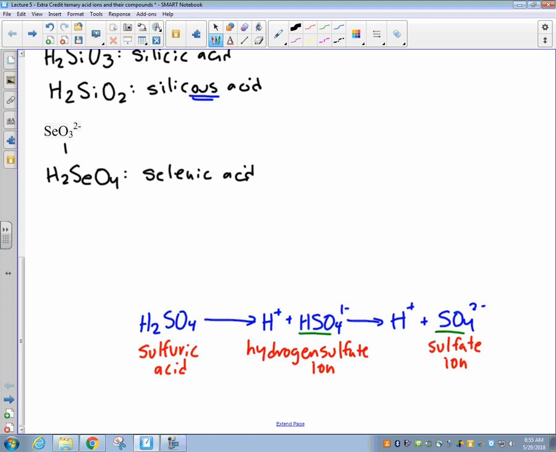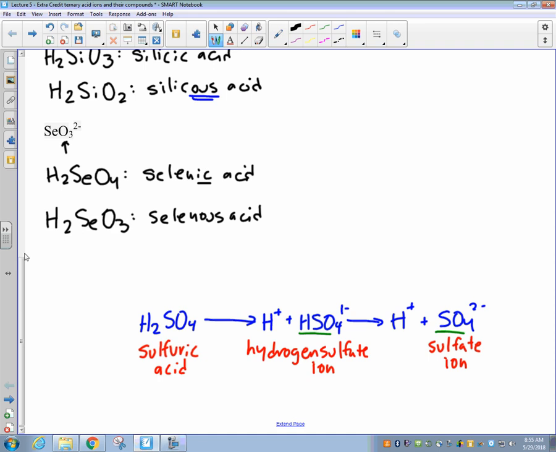Recognize that, again, our species has fewer oxygens than the parent, which means this must have been an ion derived from the dissociation of H2SeO3. To name that, we would change the ic suffix to us, again, with one fewer oxygen. So this would be selenous acid. And then we can look at the dissociation that would produce the ion we're looking for.